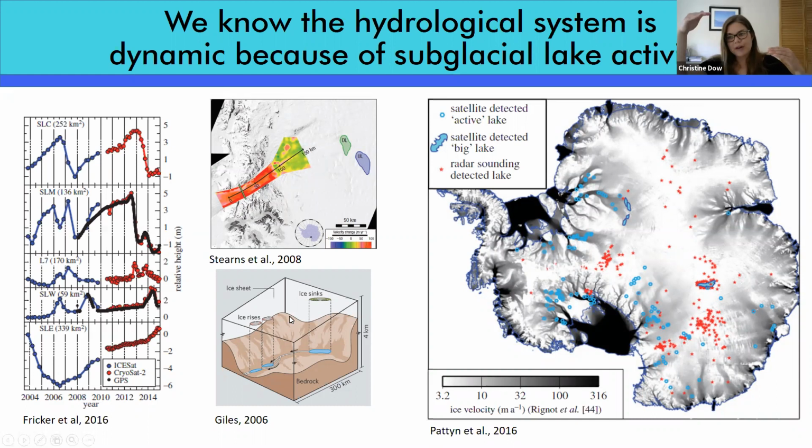So sometimes when you have a lake that's draining upstream, all of that water is flowing downstream and then allowing lakes downstream to grow and drain in their own right. So these are very linked features across the catchment. So this makes it an even more interesting place to look at subglacial hydrology. So we've got a very different system to Greenland and alpine systems, but we have dynamics that we're aware of.